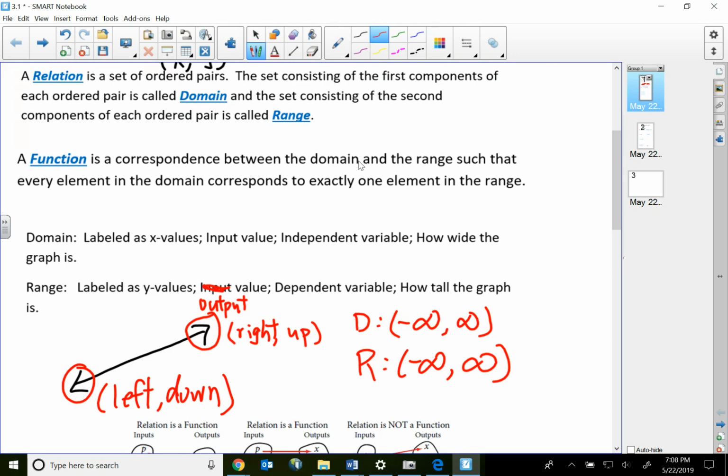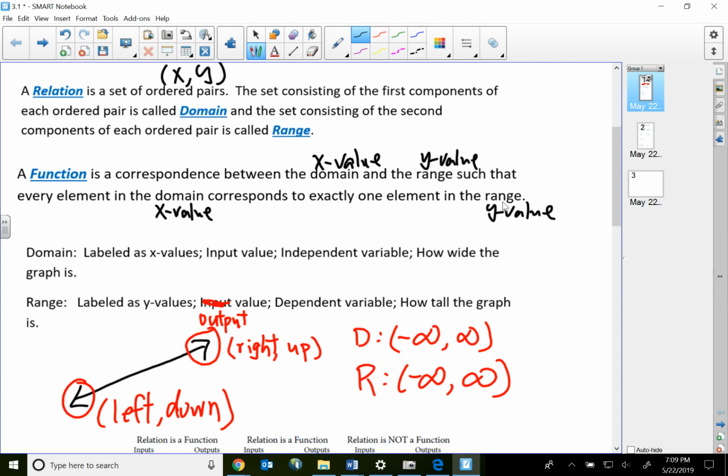A function is a correspondence between the domain, or we can think of it as x values, and the y values, such that every element in the domain, or every x value, corresponds to exactly one y value. That's what's defined as a function.